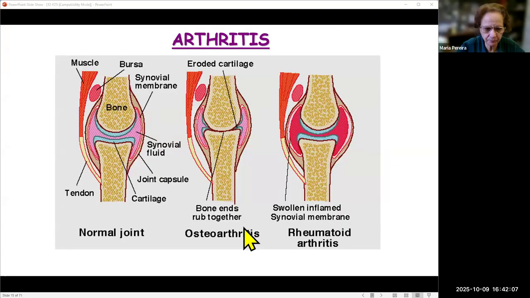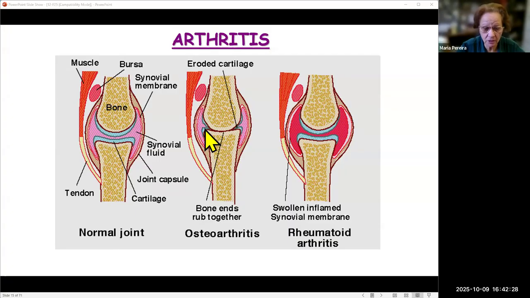Okay, so here you see the osteoarthritis, and you can imagine how painful this is. You have the bones rubbing against each other, so there are a lot of pain receptors here that give you the indication that something is wrong. And here you use painkillers.